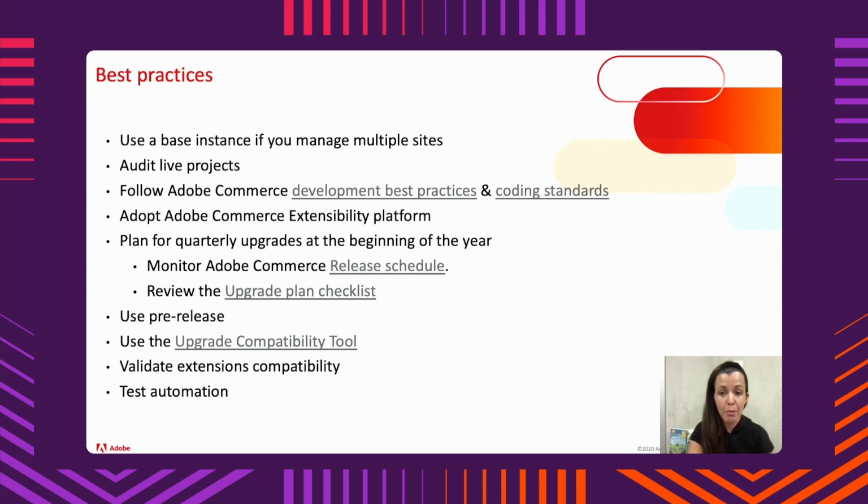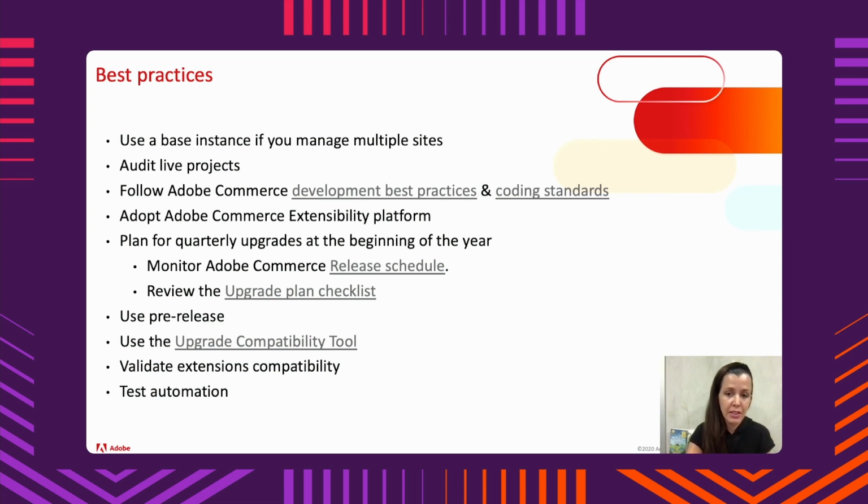To help you plan and budget for upgrades, you should monitor our release calendar. You should plan to have the upgrade task within your team's backlog and have that ready with general availability. To help you plan the upgrades, you can review and use our upgrade plan checklist.